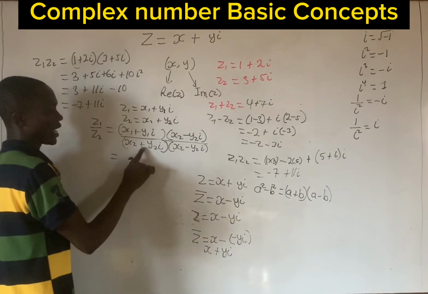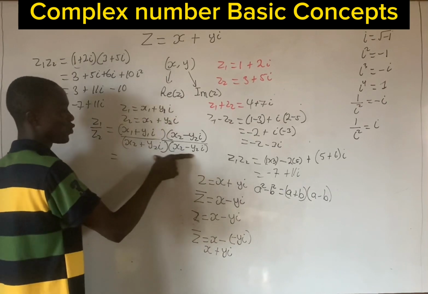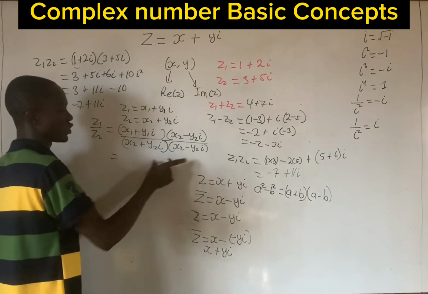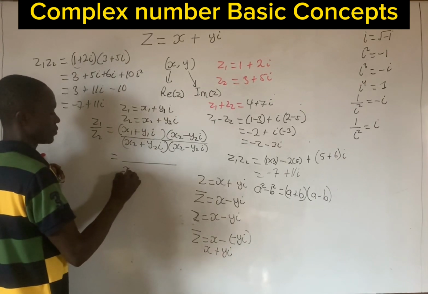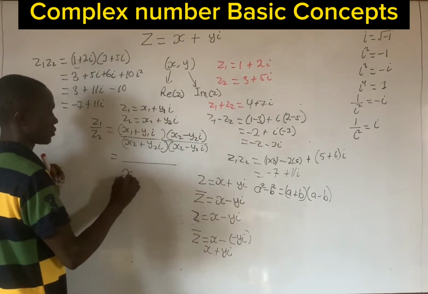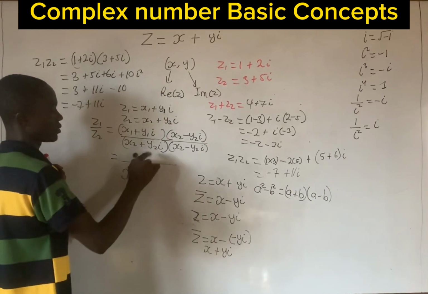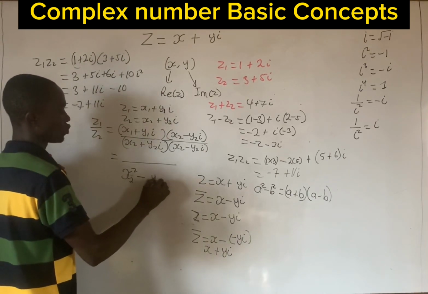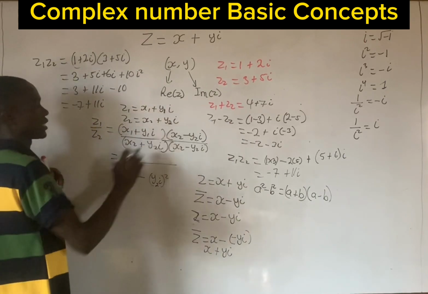We have x2 plus y2 i times x2 minus y2 i. So for the denominator, we will use the difference of two squares. That will give us x2 squared minus y2 i squared. So let's put this one here and expand.